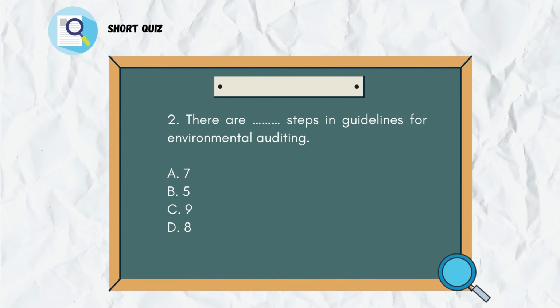For second question, there are steps in guidelines for environmental auditing. A. 7, B. 5, C. 9, and D. 8. The answer is A. 7.